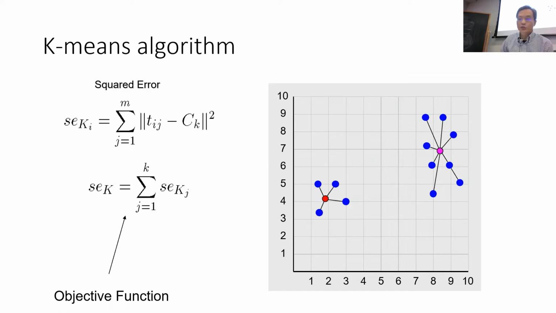Okay, the equation you see on the screen here. The first sum is over every individual cluster. On this plot, k equals 2. I have K_i: one is this red point, another is this magenta, the pink one.